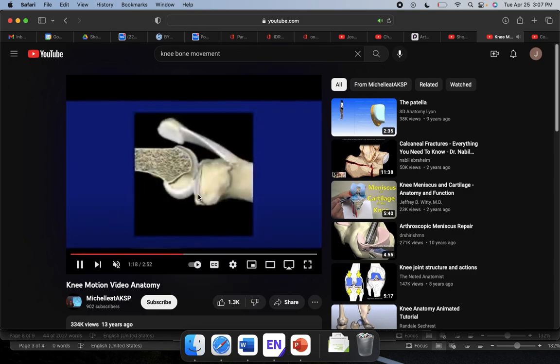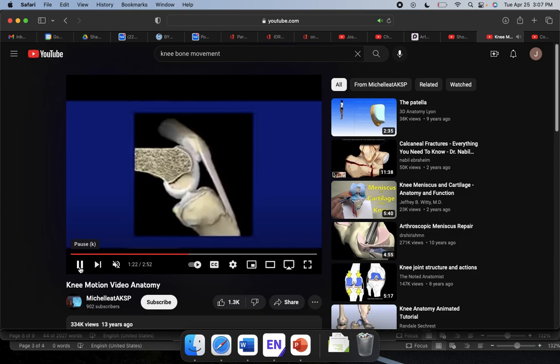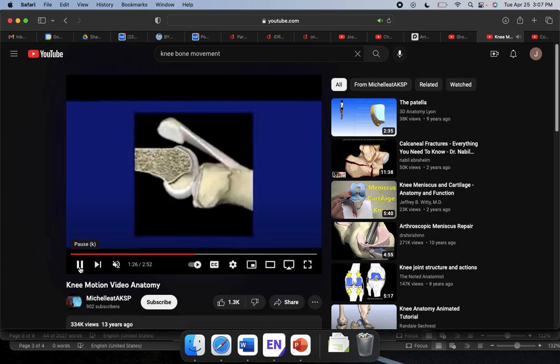As the concave tibia moves along the convex femur, you'll have a single point of the tibia contacting multiple points of the femur. And this is what is meant by glide or slide. And hopefully visually, we can see that here.